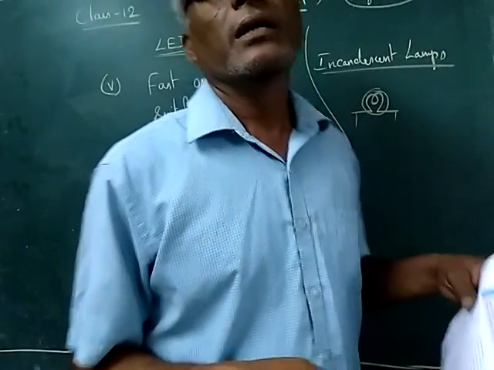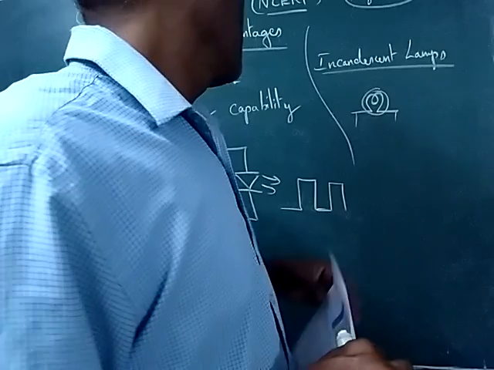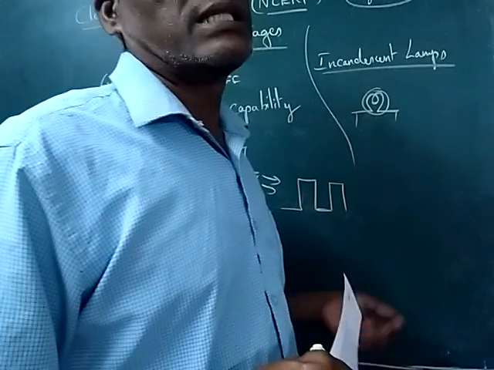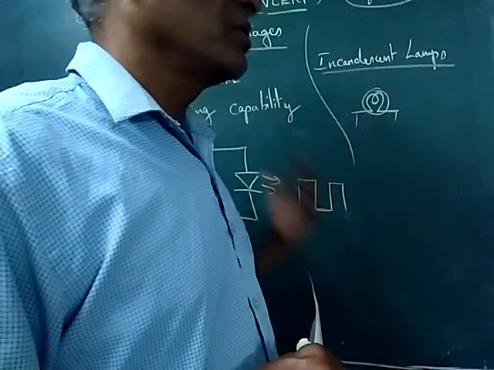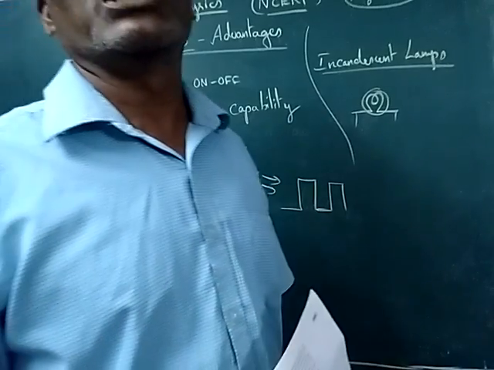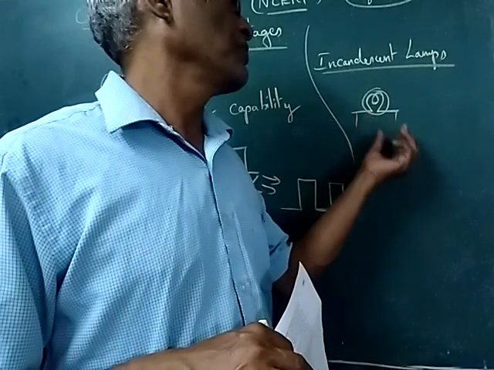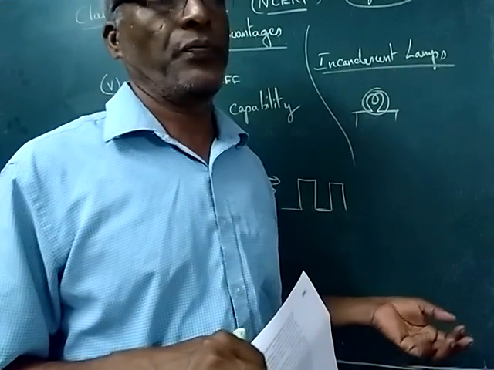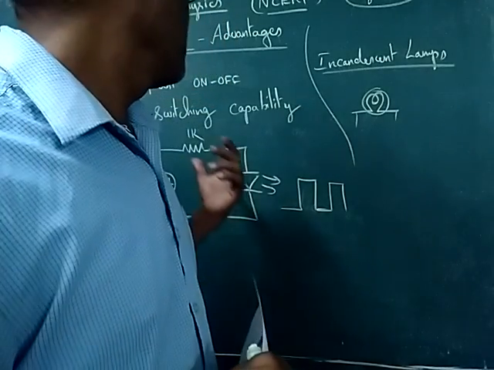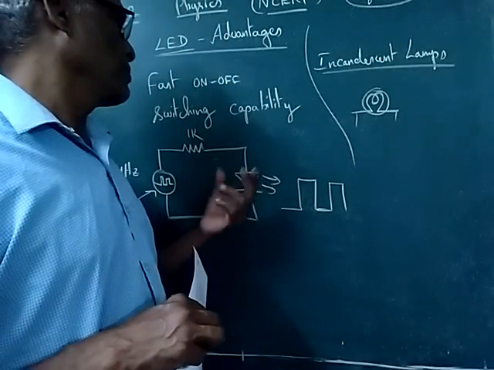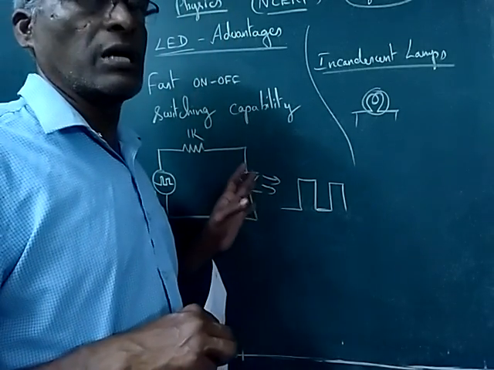So that's the drawback with incandescent lamp. You cannot use with a very high switching speed. So the life of the incandescent lamp will come down. But here, fast on-off switching capability is possible with the LED. Nothing will happen to the LED.